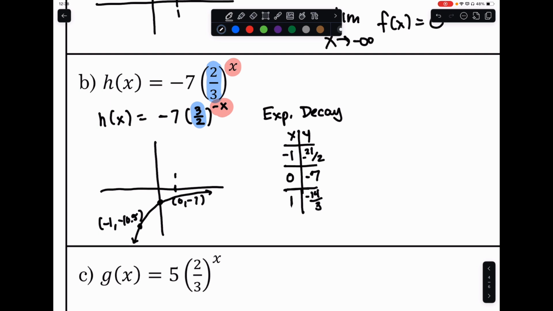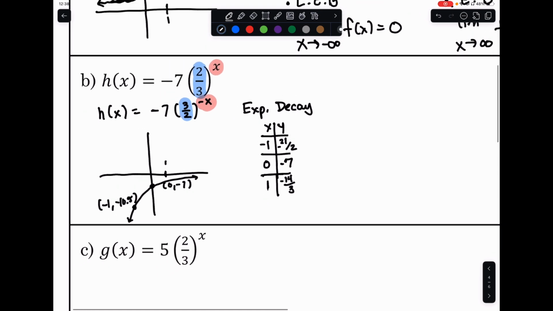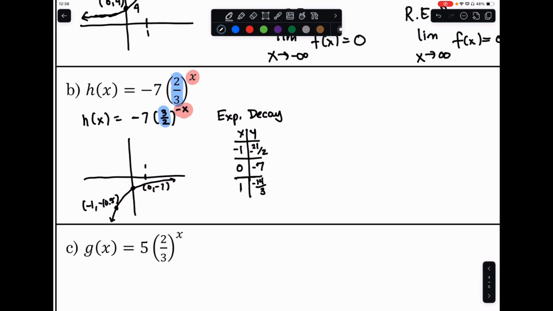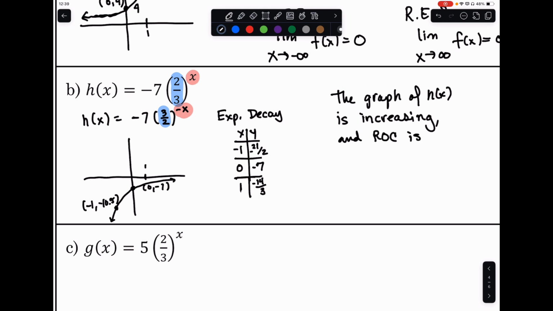So let's look at some characteristics about this, okay? Now, even though this is an exponential decay, the graph of the function is increasing and your rate of change is decreasing.